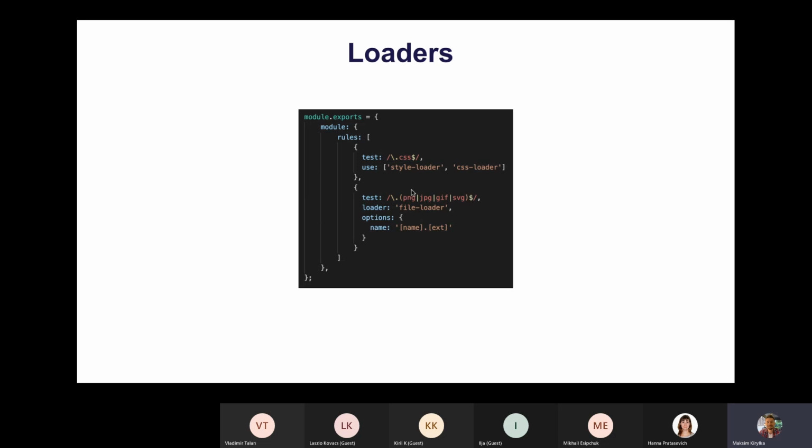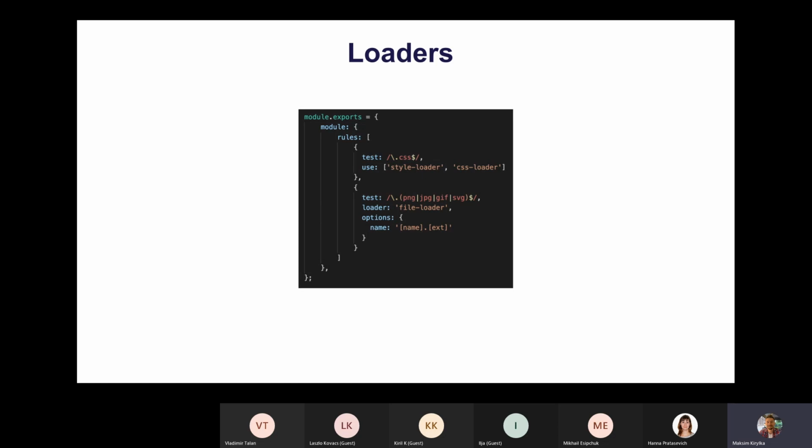Loaders can be chained like this, two loaders in the array. And it's important to know that the chain is executed in reverse order. So here, firstly, CSS loader will be executed, and then after that, style loader.